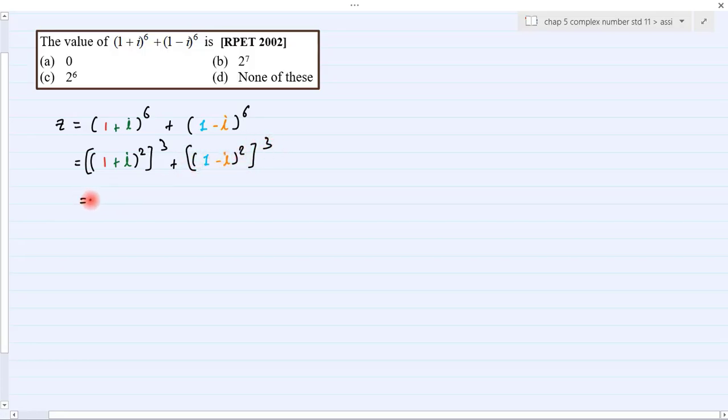Now, as we know, (1 plus i) the whole square is simply 2i. So, we'll get (2i) cube, plus (1 minus i) the whole square is minus 2i, whole cube. So, here we get 2 cube into i cube minus 2 cube into i cube, which will become 0, which is your required complex number given in option A. Ta-da!